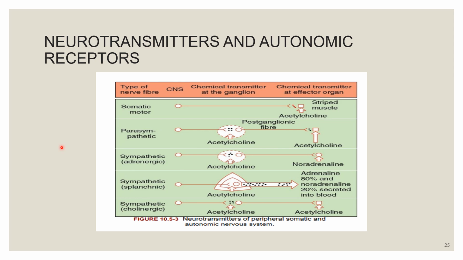It is also having preganglionic and postganglionic nerve fibers. The cell bodies of the preganglionic neurons are present in the intermediolateral horn of the second, third, and fourth sacral segments of the spinal cord, that is S2, S3, and S4.